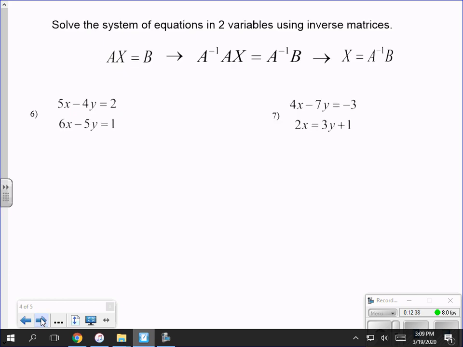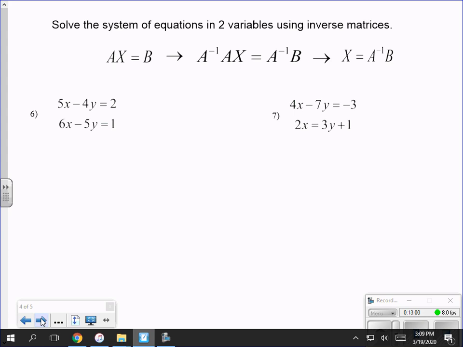Moving on. Solve the system of equations in 2 variables using inverse matrices. So if I have the matrix set up where I have A, X, and B, those are matrices. In this case I'm doing it with 2 by 2s, but you can do this with any system of equations. A is the coefficients.